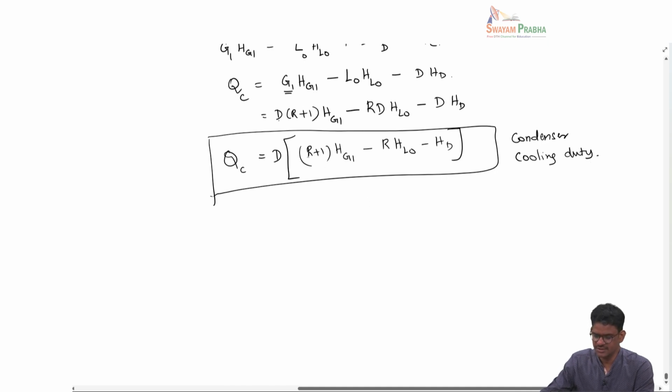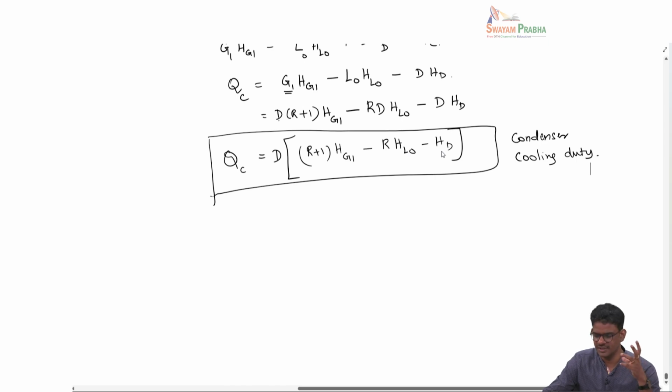So you can see what this depends on. This depends on what is the reflux ratio and the enthalpy of 3 streams. What is the enthalpy of the incoming vapor, whether it is saturated or whether it's superheated, that is given in this Hg1. HL0, HD, these are all the enthalpies of the liquid reflux and the distillate.